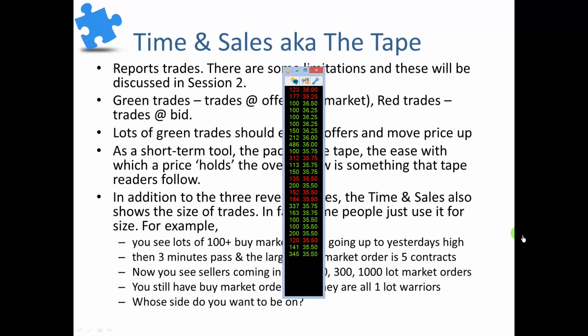And what you'll see after a while, in fact, what we can see right now, is these large traders here, 486 at 36, all the way up to 36.50. And those large traders right now have not got anything for their money.